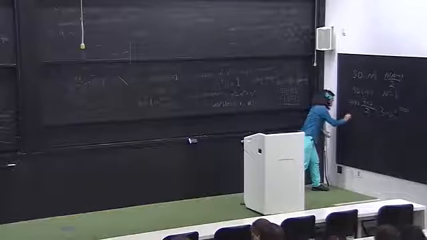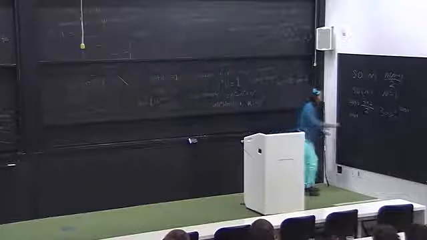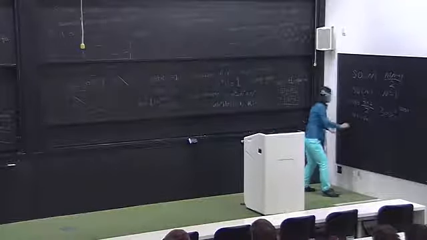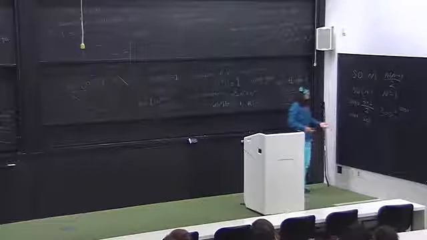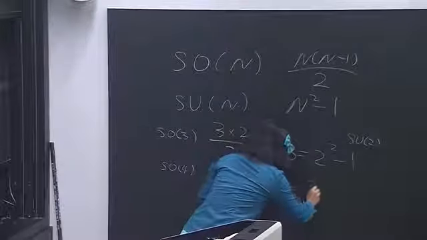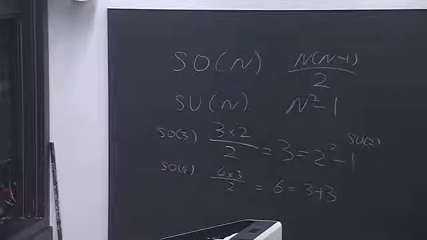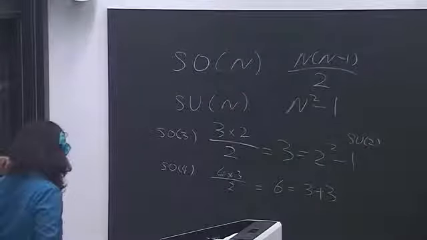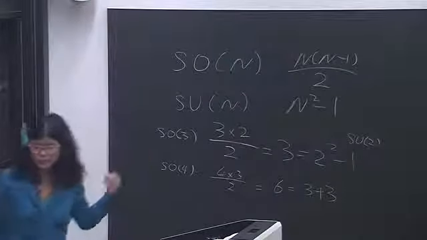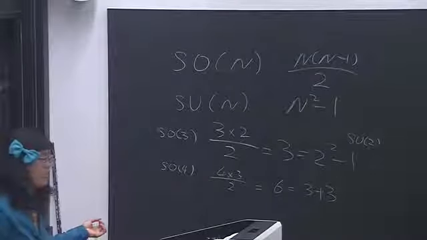And you can continue this arithmetic fun fact study and realize that SO4 has 6 parameters, which is curiously equal to 3 plus 3. And the fun fact about this, you might have heard about the SO(3,1), known as the Lorentz group, the group of the Minkowski space, has a double spinor representation.